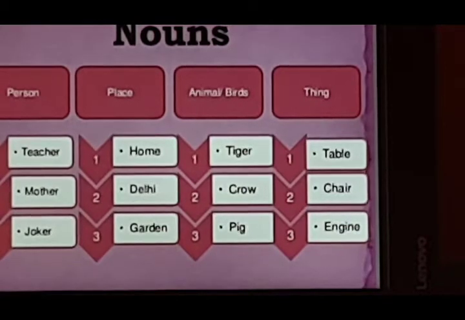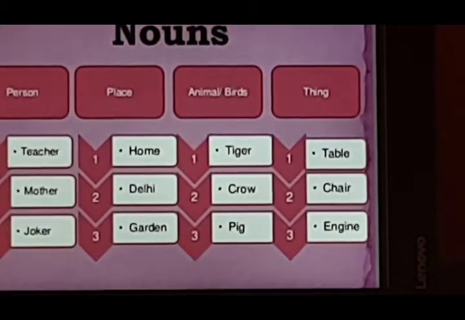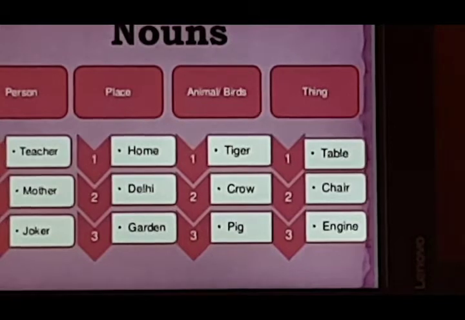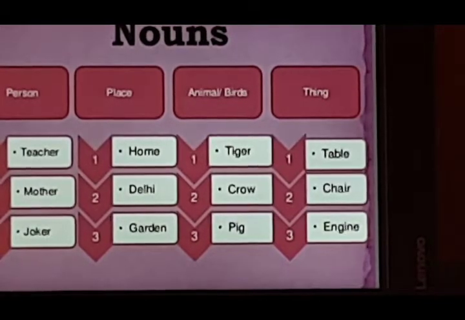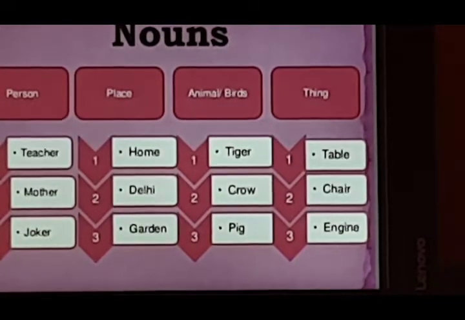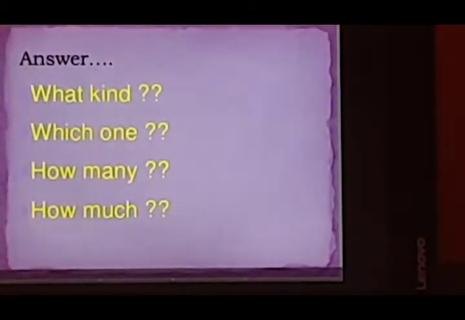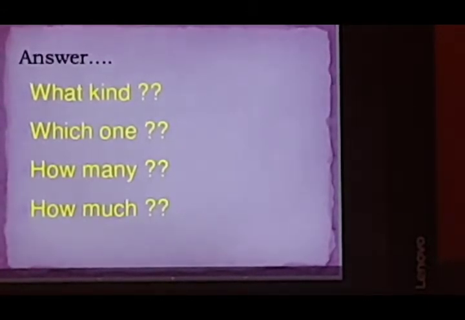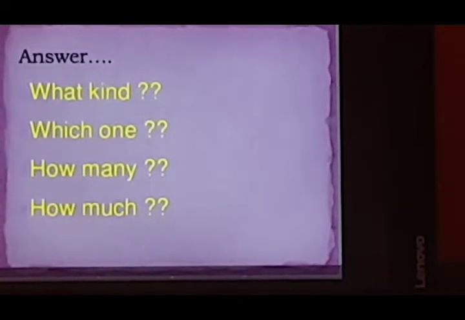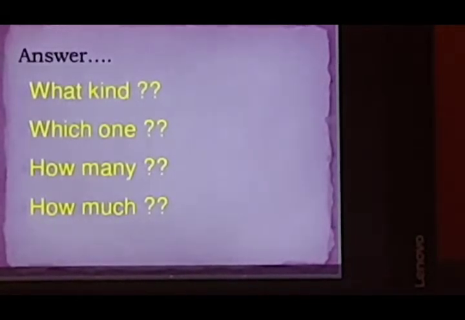So the first thing that comes to our mind after seeing that picture is that it is a girl. Secondly, girl is a noun. So what more can we think about that picture? All these words which answer these questions, we can use those words for that picture.